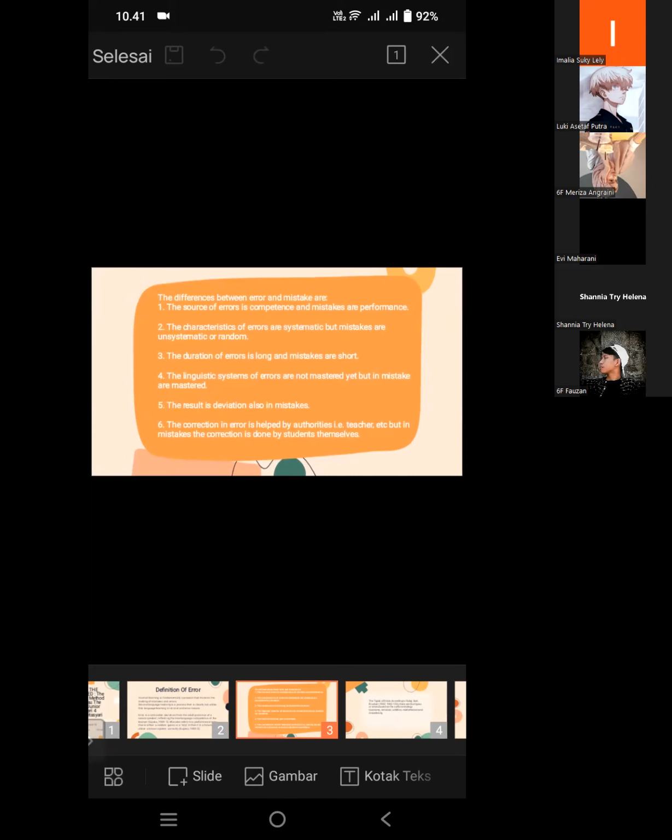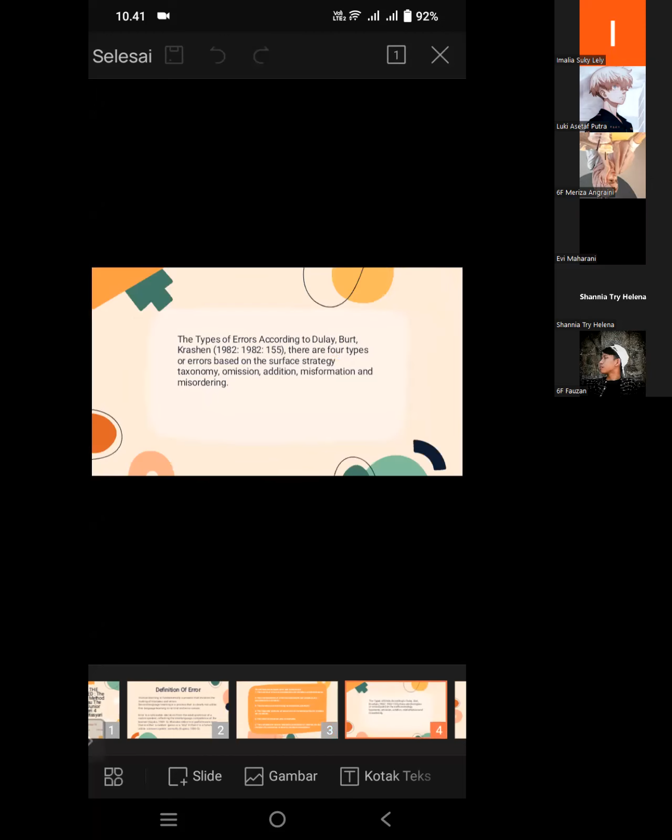Fourth, the linguistic system of error is not mastered yet, but in mistake it is mastered. Fifth, the result is deviation, also in mistake. And the last, the correction in error is helped by authorities, the teacher, but in mistake, the correction is done by students themselves.